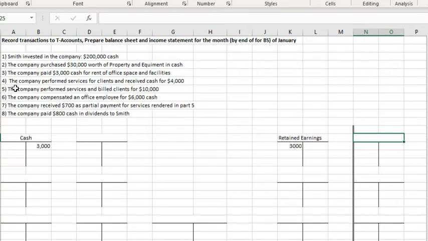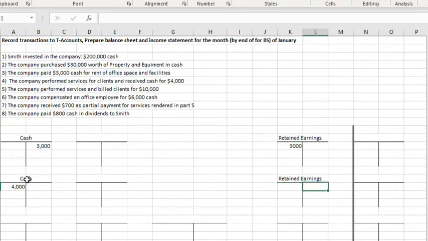In our fourth transaction, we are going to look at the company performing services for clients and receiving cash. So when the company is performing services and those services are delivered, we are going to increase cash because we are receiving cash, and at the same time we are going to record the revenue.